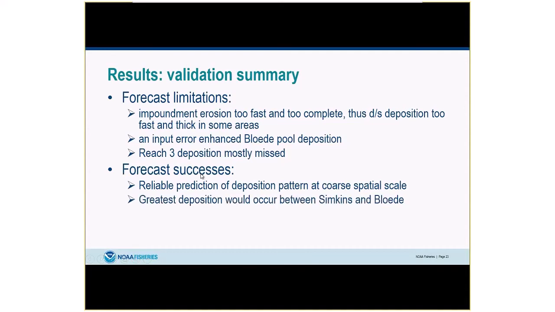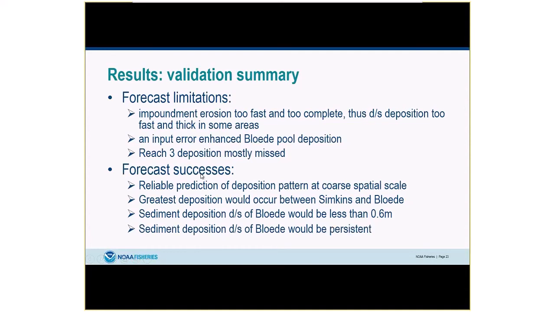More specifically, they predicted the greatest deposition would occur between Simkins and Bloaty, and that was correct. Sediment deposition downstream of Bloaty was predicted to be less than 0.6 meters, and that was correct. And sediment deposition downstream of Bloaty was predicted to be persistent, and that proved to be correct with observation.